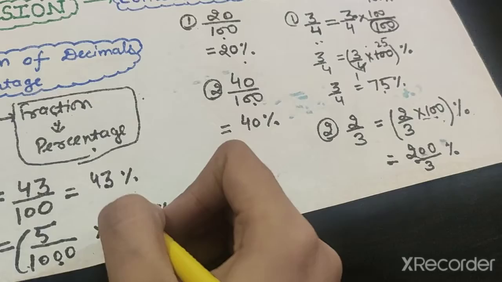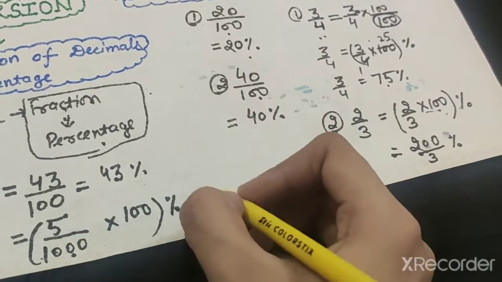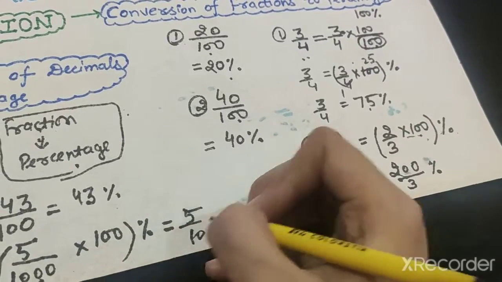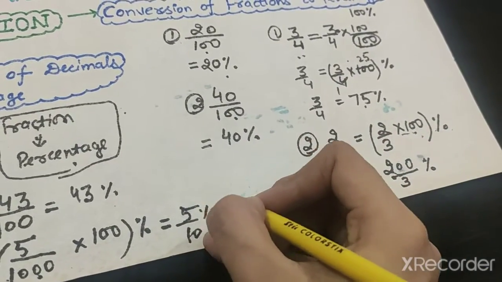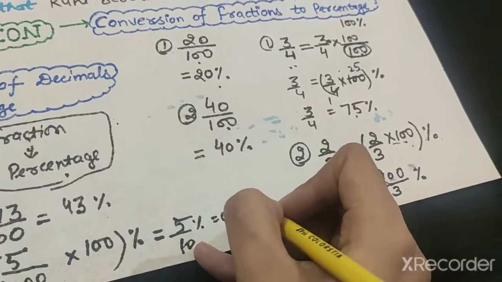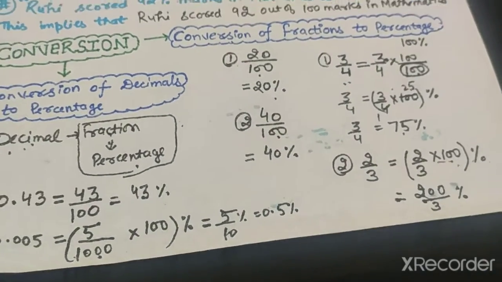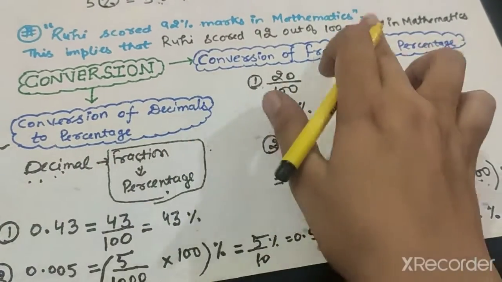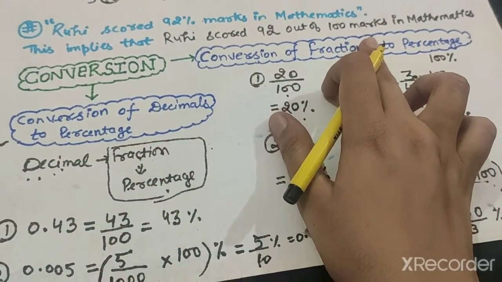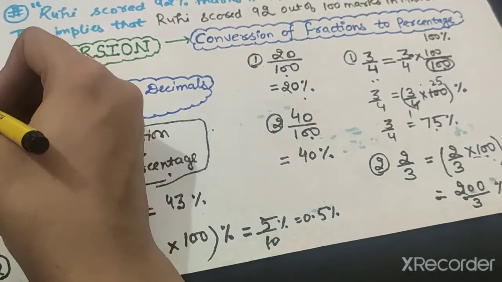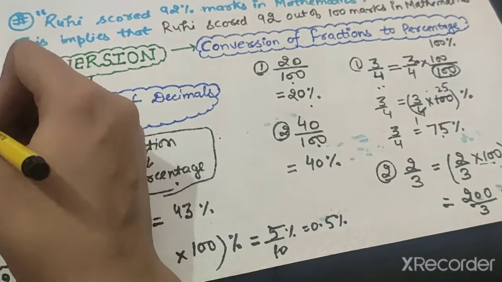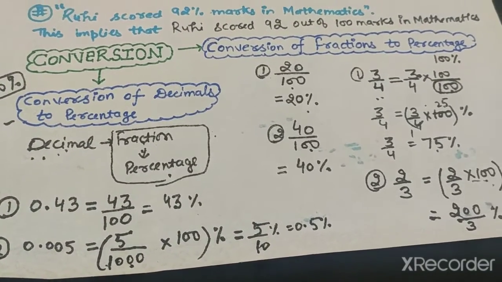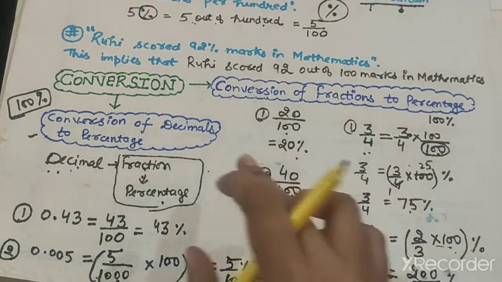You can see that you can cancel out the common factor. So it will be 5 by 10 percent, that is 0.5%. So the summary is that if you have to convert a decimal into percentage or a fraction into percentage, just multiply it with 100 and write down the percentage sign with the answer. So this is the conversion.